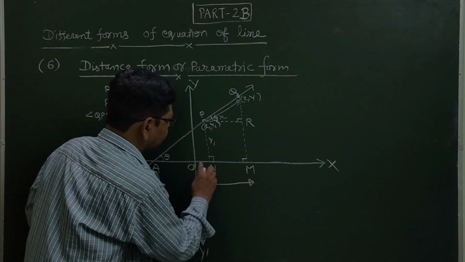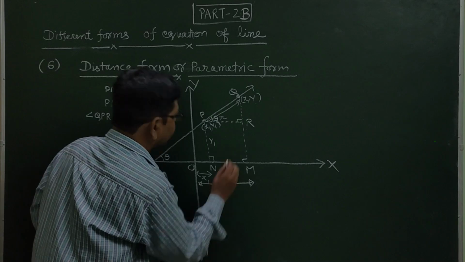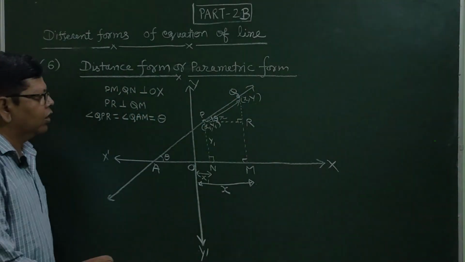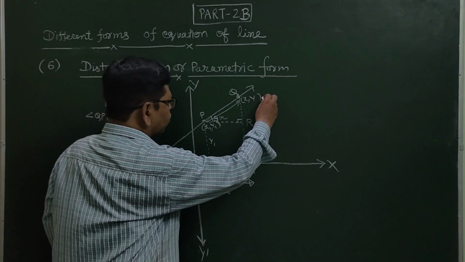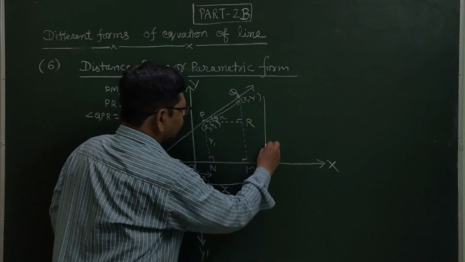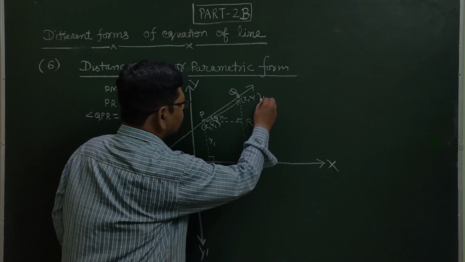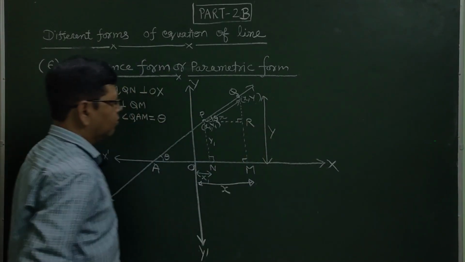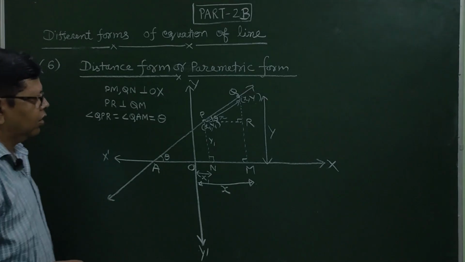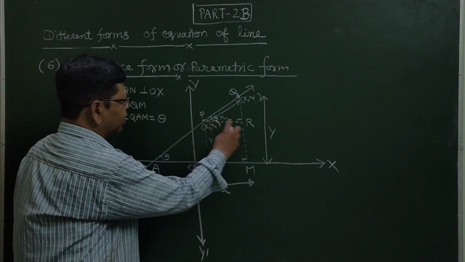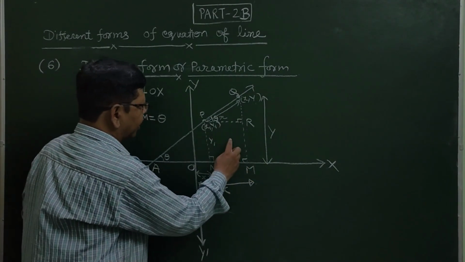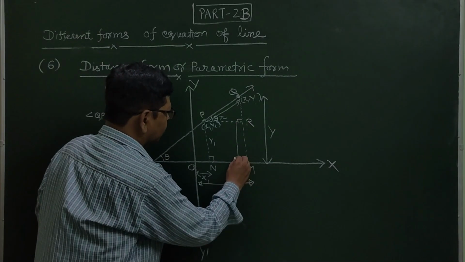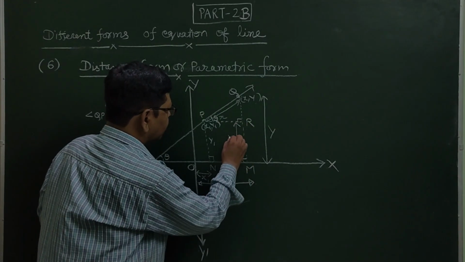So the horizontal distance OM is the x coordinate of point Q, and QM is y. Now this PRMN is a rectangle, so this distance RM is also y1.